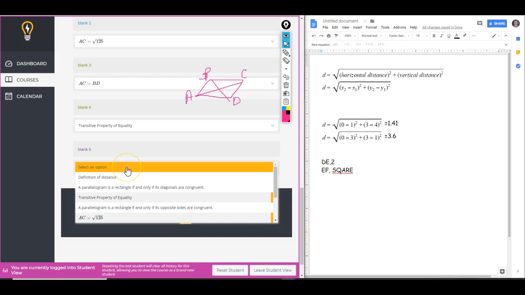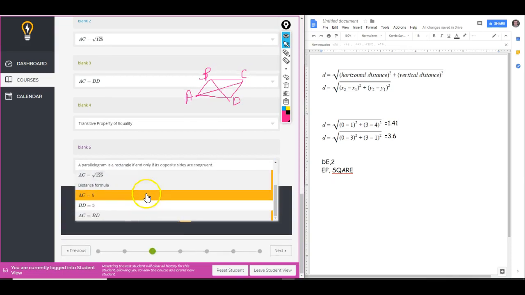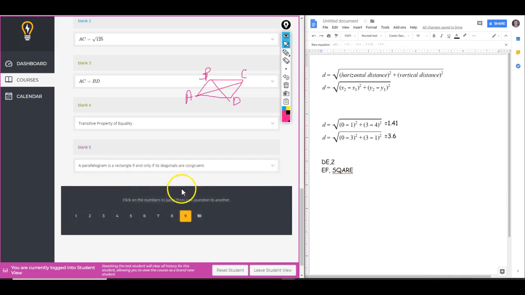So they're proving that a parallelogram is a rectangle if and only if its diagonals are congruent. A parallelogram, yes, it was talking about its diagonals.